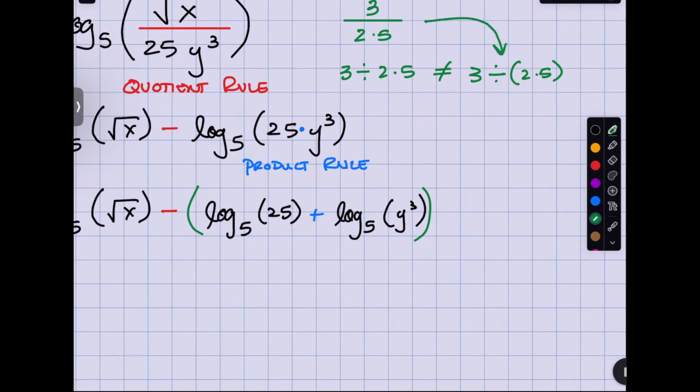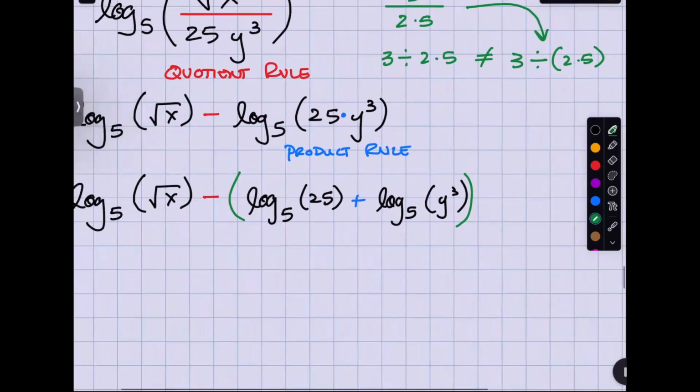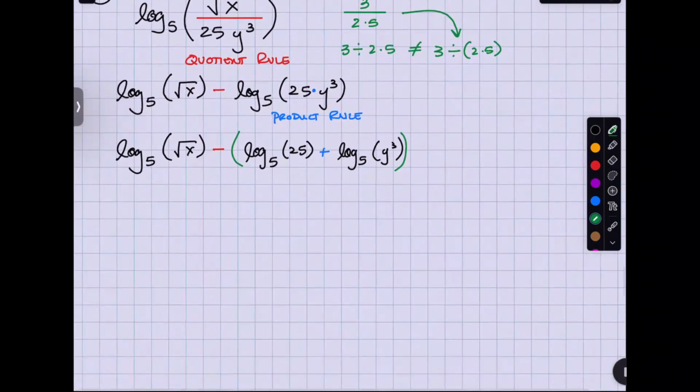That would be that. See what I'm talking about? That's the reason why the parentheses are there, because it's the top divided by the product of the bottom. Okie doke?